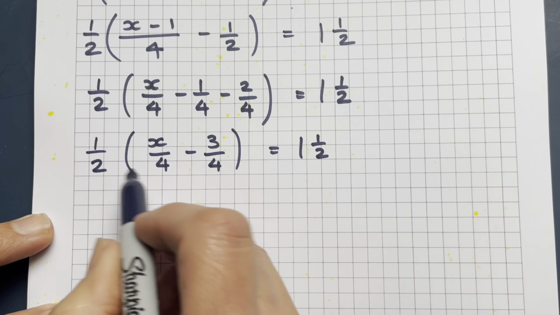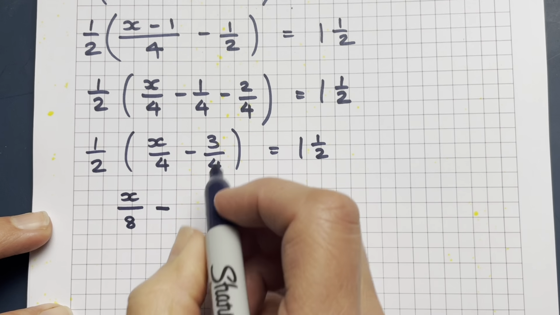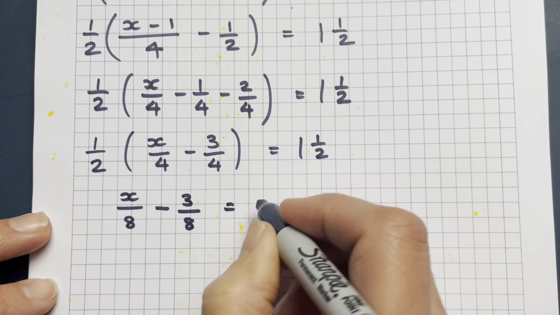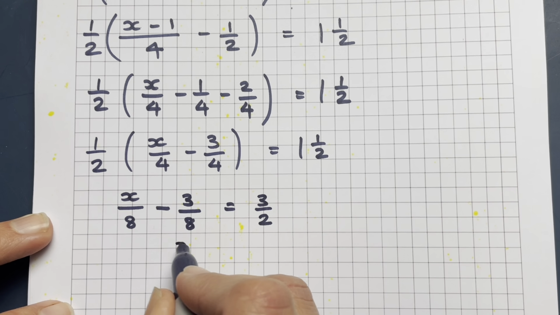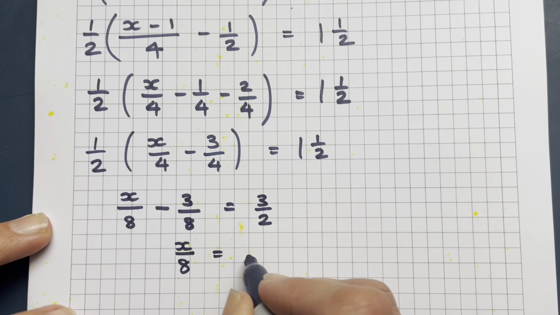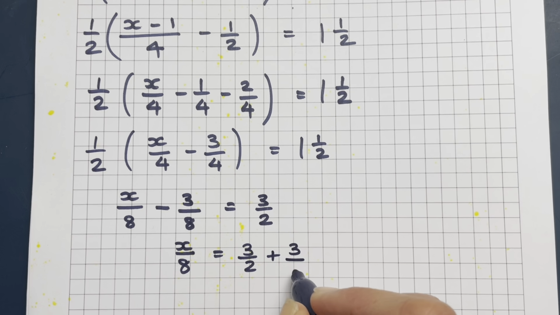Okay, so expanding this, I've got x over 8, subtract 3 over 8 equals, maybe we can write that as an improper fraction now. That might help us. So if I look on this side, I've got x over 8. I'm adding 3/8 to both sides. So I've got 3 over 2 plus 3 over 8.